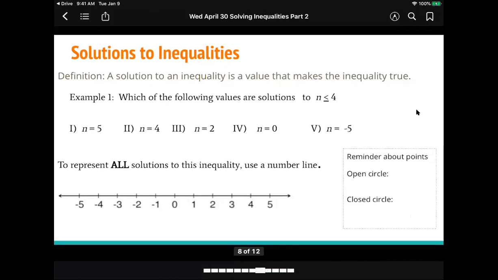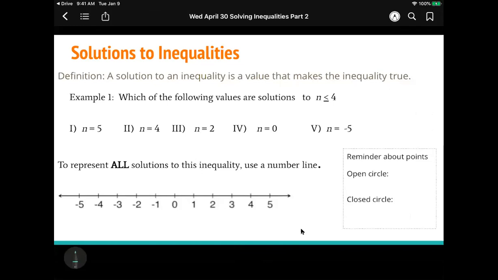All right. So a solution to an inequality is a value that makes the inequality true. So when I'm looking at example 1, if someone could unmute themselves and tell me, how do we say this thing right here?